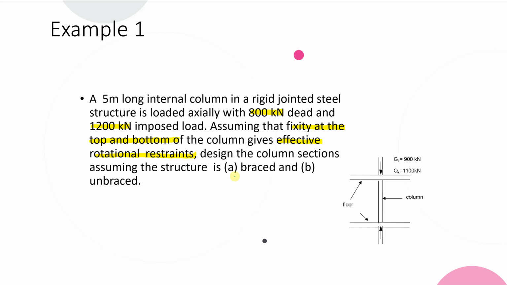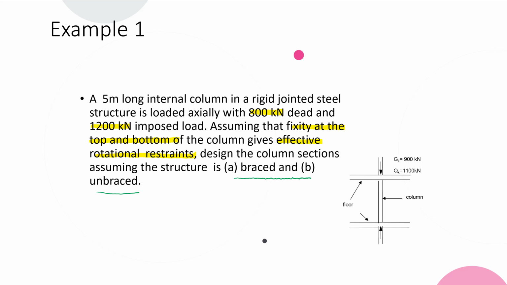So therefore dalam soalan ni dia minta you check for braced and also unbraced, because position ni dia tak ada mention. Normally bila position is mentioned, it can be whether braced ataupun unbraced kan, but here since position is not even mentioned, so the column perhaps it can be braced ataupun it can be unbraced.